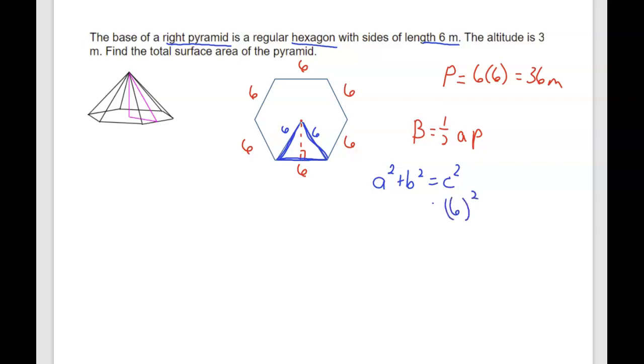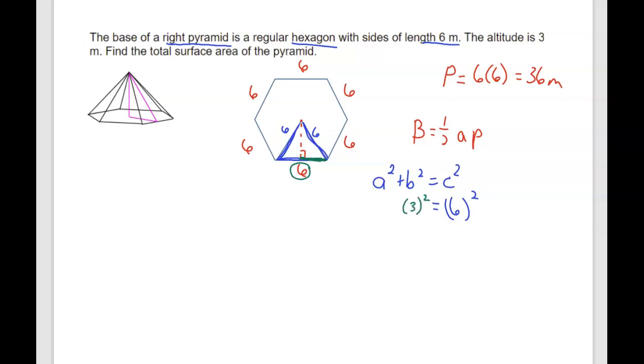And so I can put it over here. I actually know what one of my sides is. This side is 1/2 of this value, so from here to here is going to be 3.